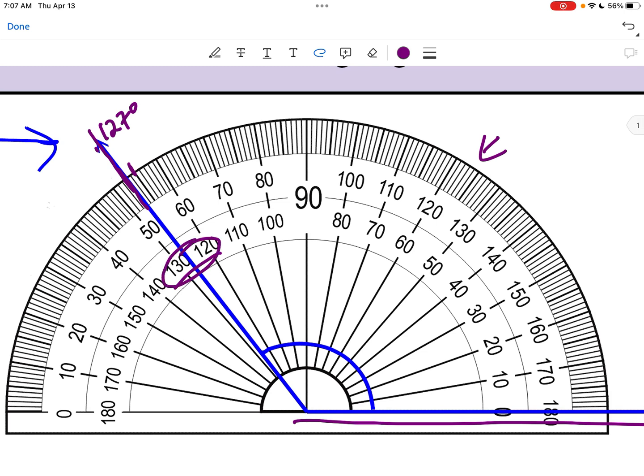And then our other choice is it's between 50 and 60, so it'd be 53. So we have to figure out which one we're talking about. And that's where knowing whether we're working with an obtuse angle or an acute angle would help. Because we see here the sides of the angle are such that it's obtuse, it must be this bigger measurement.